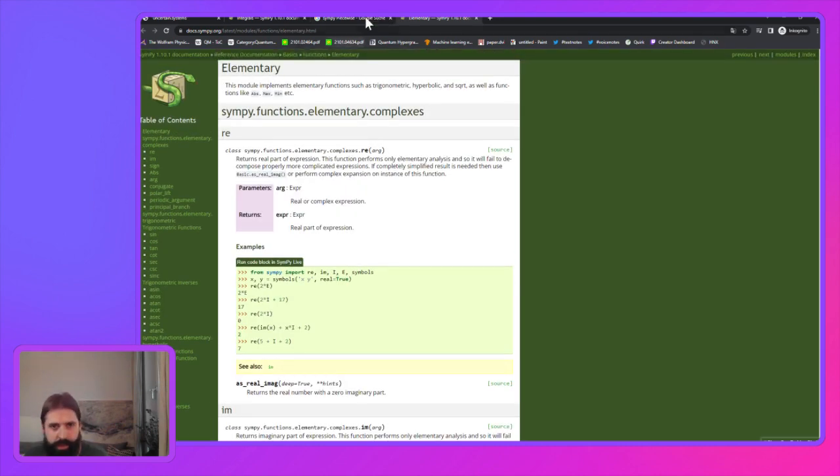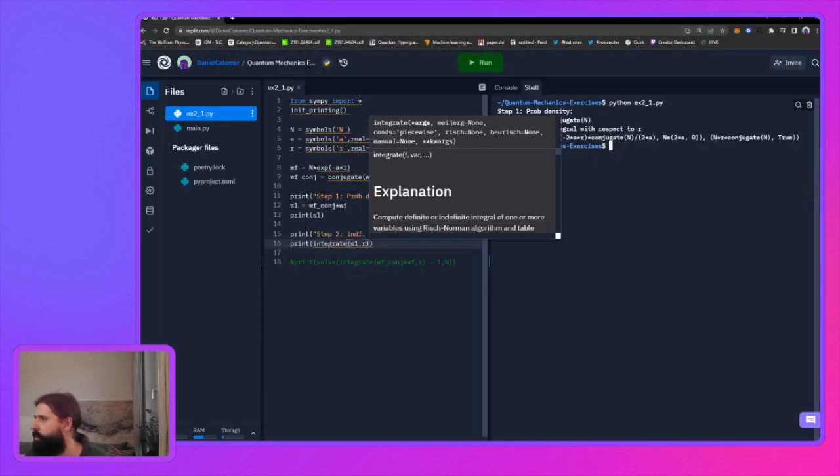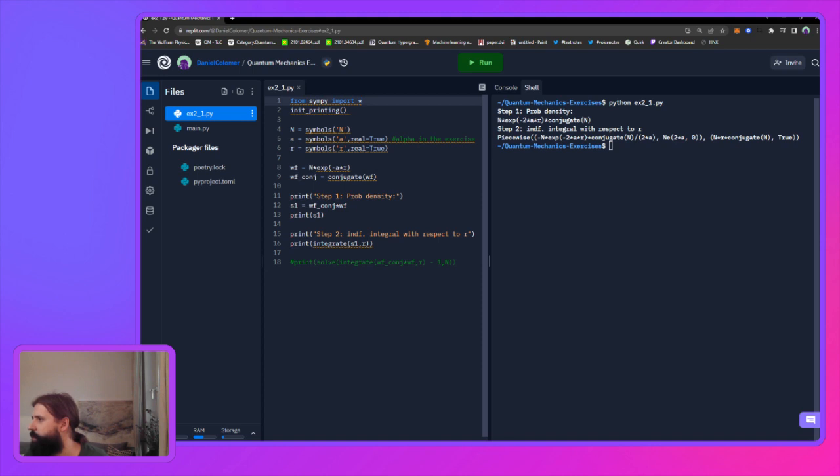I guess it's probably piecewise. So we're taking just the real part, and the other one is the complex part, I guess. I don't know what NE is.